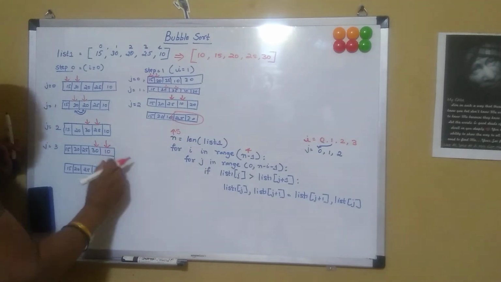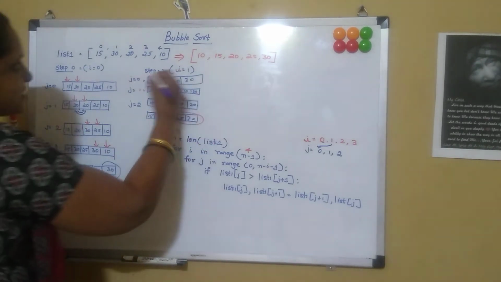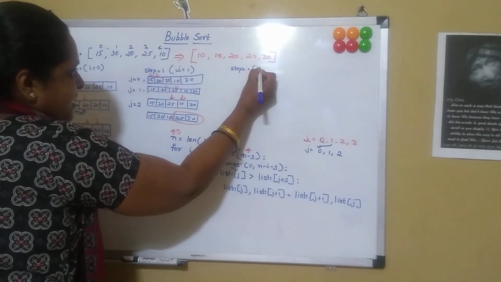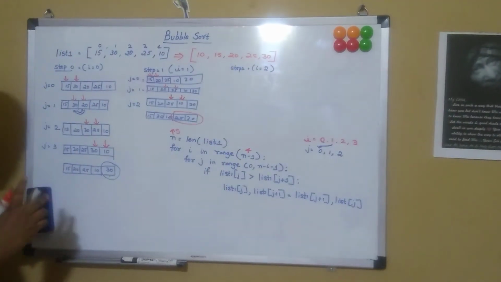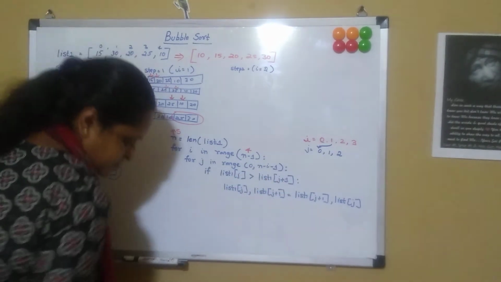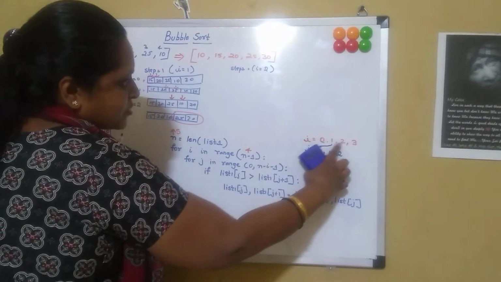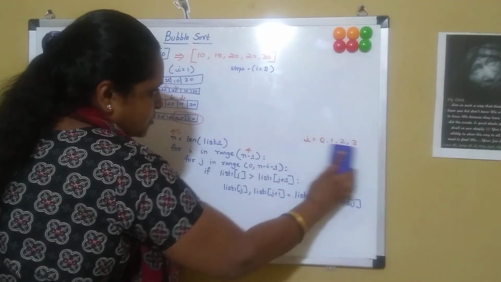So now in the third iteration, in step 2, that is i equal to 2. When we saw i equal to 1, now let's go into i equal to 2.